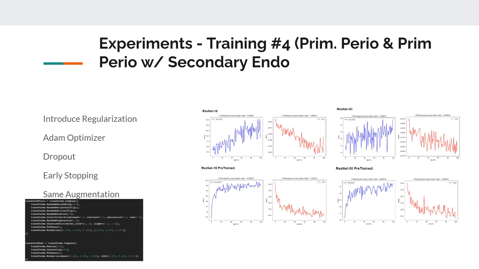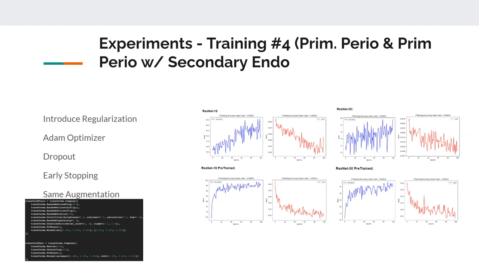The best performing model in experiment 4 was the pre-trained ResNet 50. The ResNet 18, like I mentioned earlier, is a lot smaller than 50, and it may be the case that fine-tuning of training performs better on the larger model.